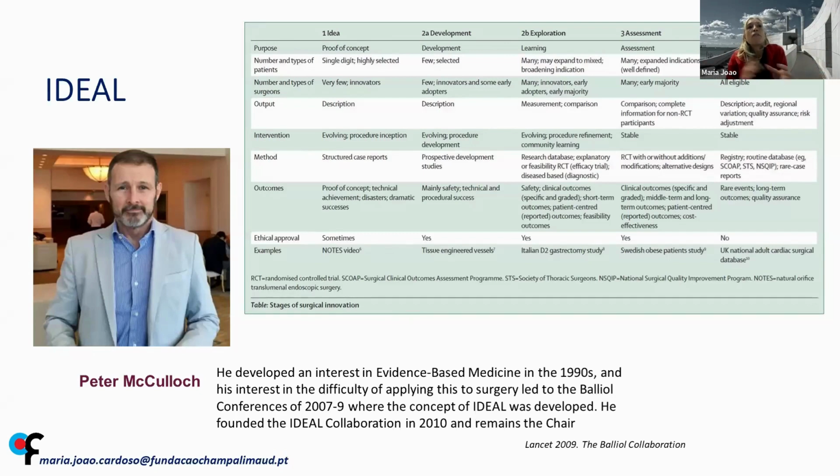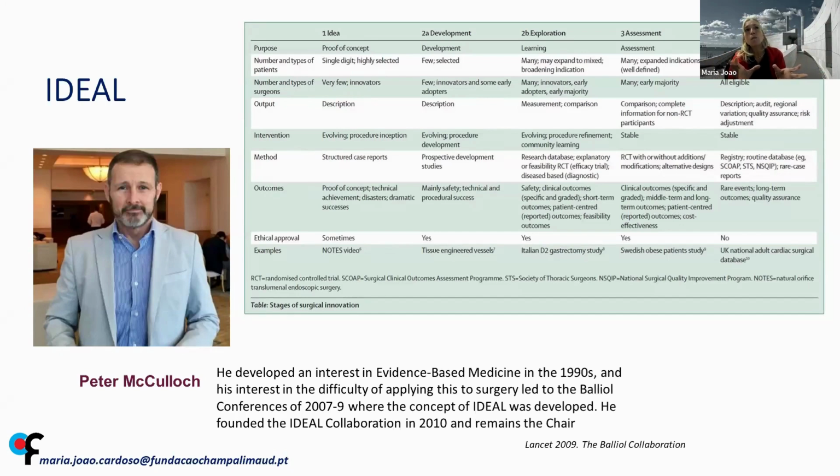Then you go to phase 2A. So you are going to develop and compare this in a still small number of patients, but you are going to see if it is safe.